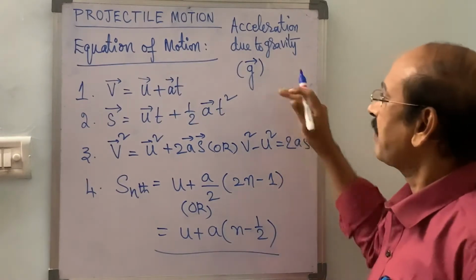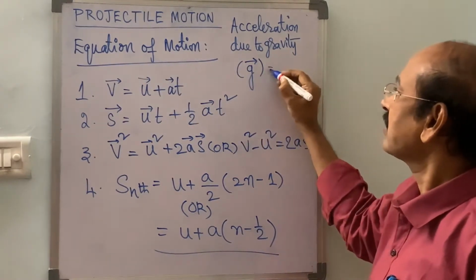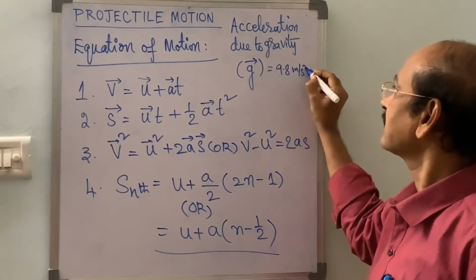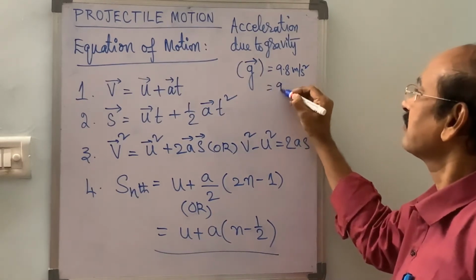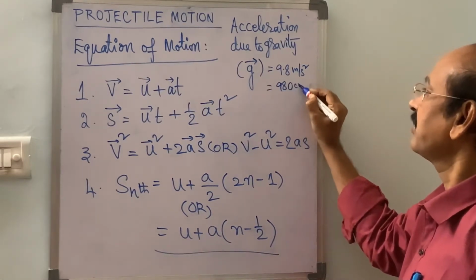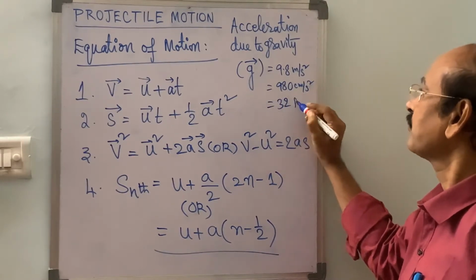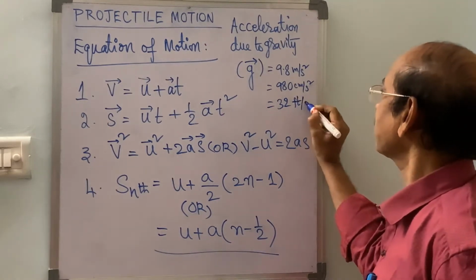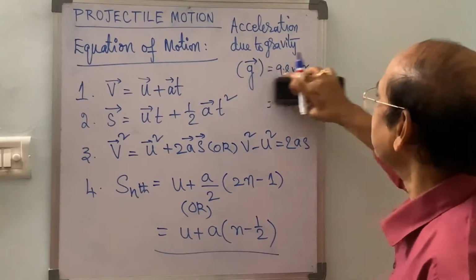It possesses magnitude and its direction is towards the center of the earth. Generally its value is taken as 9.8 meters per second square in the SI system, 980 centimeter per second square in the CGS system, and 32 foot per second square in the FPS system. Now we take the SI system only here.